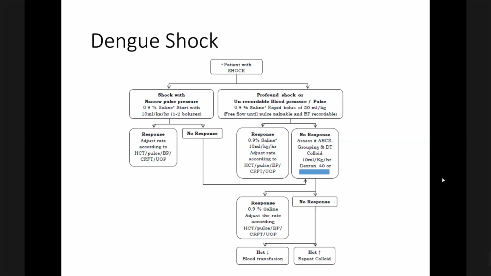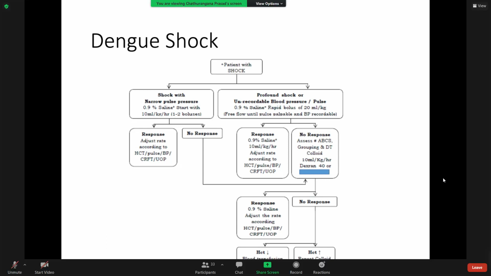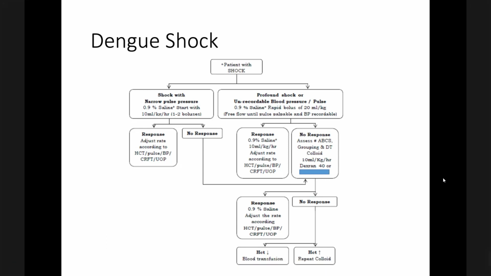So you need to repeat the airway breathing circulation. You maintain the airway, start high flow oxygen, get 2 wide bore cannulas in. Then the treatment is 10 ml per kg of 0.9 saline over 1 hour, right? Then you reduce the rate according to the parameters.